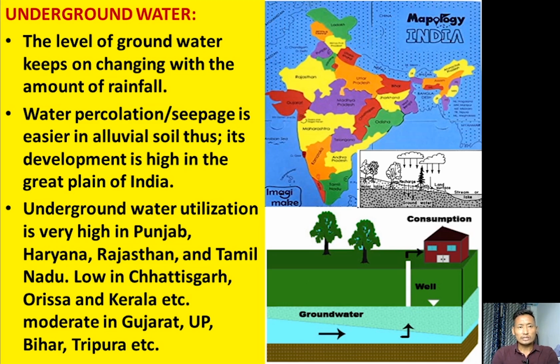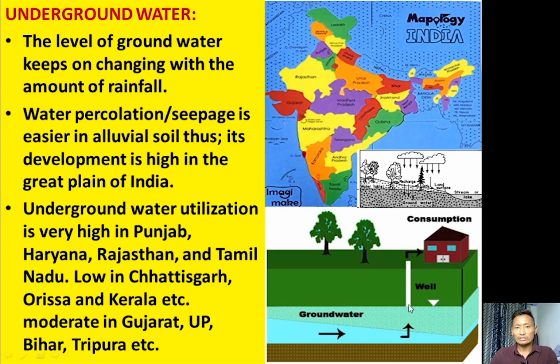The next one is underground water. Below our earth surface, we have water bodies in the form of groundwater. We take this groundwater out onto the surface of our earth with the help of pipes and electric motors.